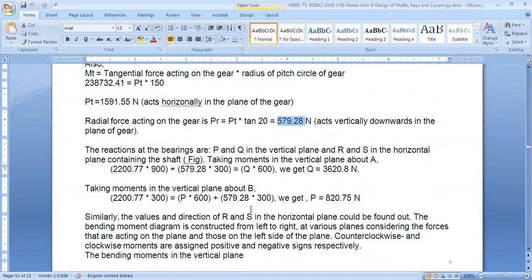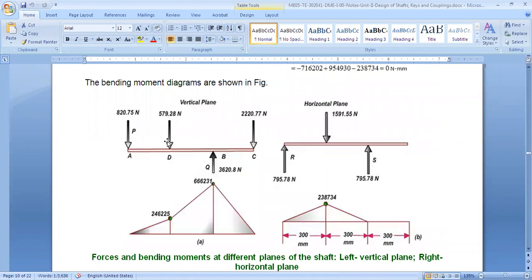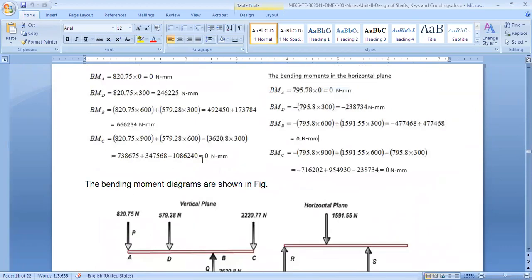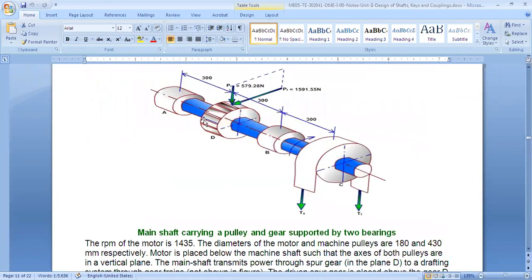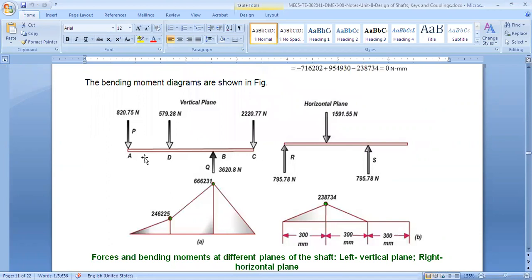For that, we will use the bending moment equation. Take the bending moment at A. 579 into this distance, I think 300, right? All the distances are 300. Let me just verify: 300, 300, 300. So the bending moment at A is equal to, clockwise, 579 into 300, minus the reaction at B multiplied by 600, plus 2220 into 900.